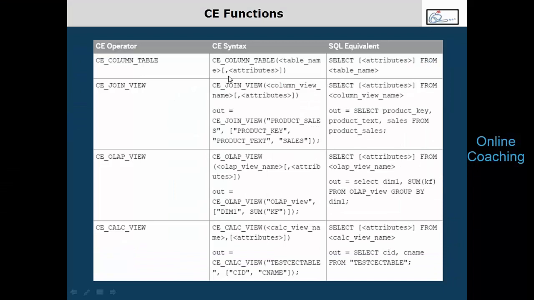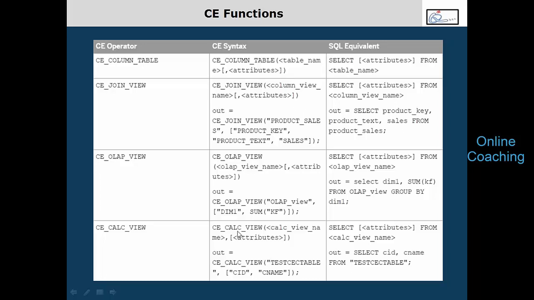C underscore column underscore table, and then you specify the table name. Then after the table name, you can say comma, then list out the attributes, nothing but the column names. Since it is in square brackets, it is optional. In the less than or greater than brackets, you replace the table name, and when it is in square brackets, that is optional. But here you have to list out attributes.